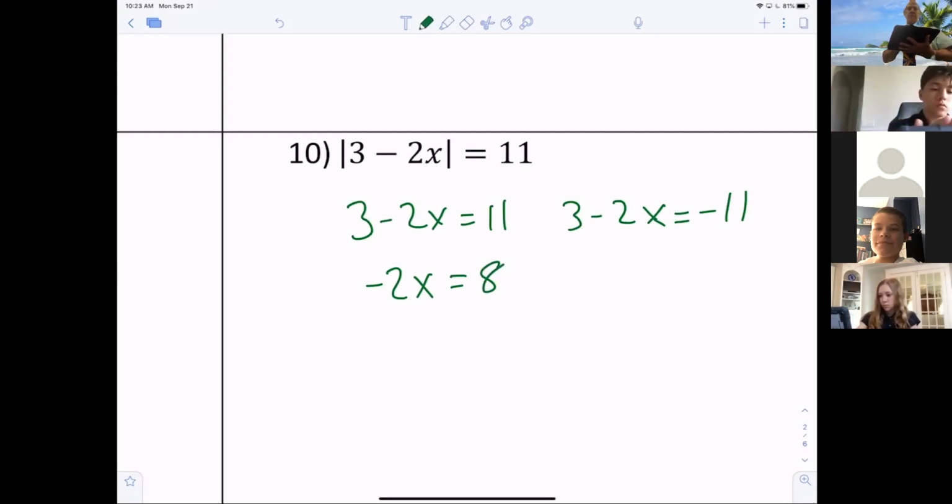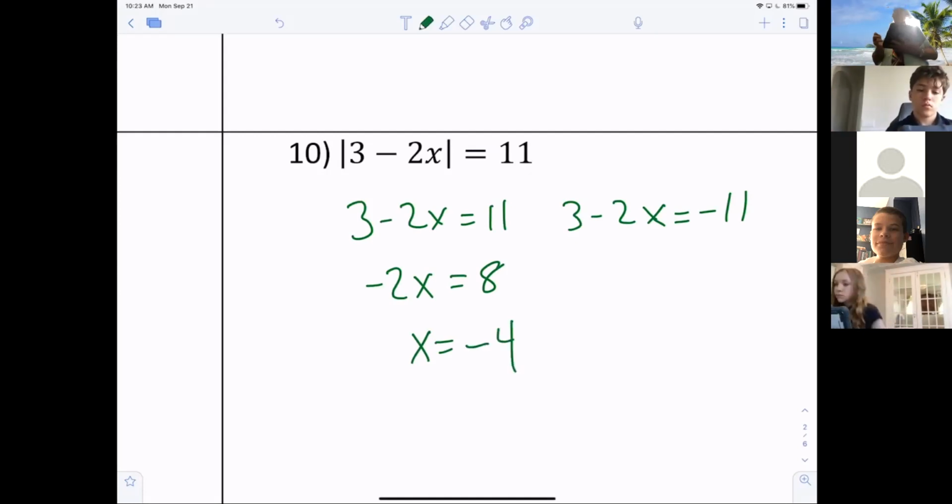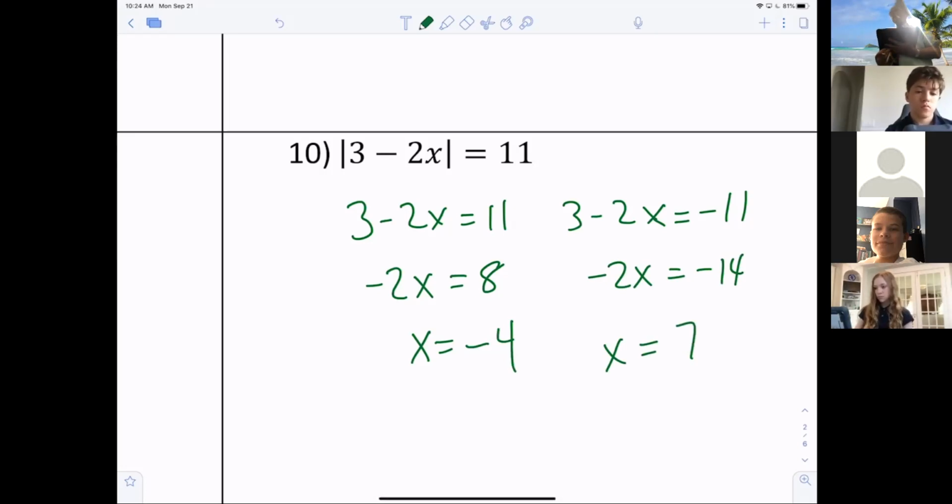Yep. Perfect. Thank you. -4. Now the second equation, same principle. Good. Good. Yeah, that's how easy it is, guys. That's all there is to it. All right?